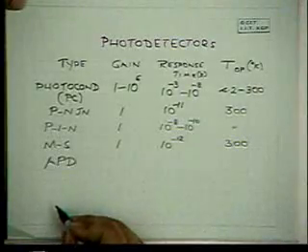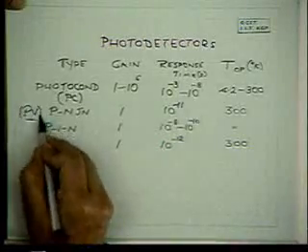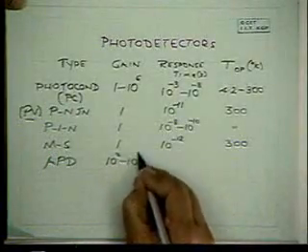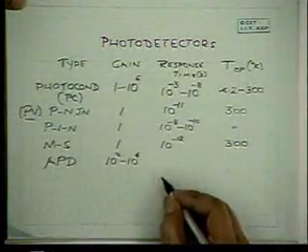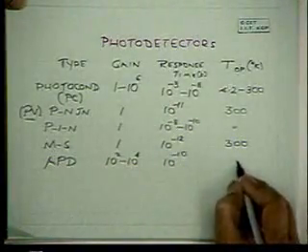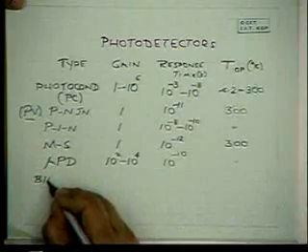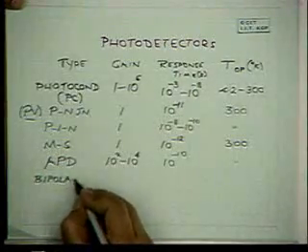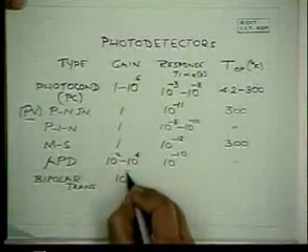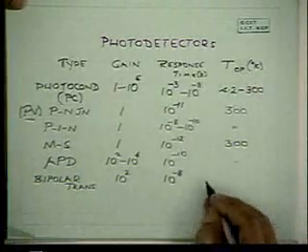Avalanche photodiodes, these are all subclasses of photovoltaic. They can have gain of 10 to the power 2 to 10 to the power 4 due to impact ionization and avalanche multiplication. Speed 10 to the power minus 10, operating at room temperature. And we can have phototransistors, bipolar transistors, which can exhibit gain. Speed is rather limited, 10 to the power minus 8 compared with the others.